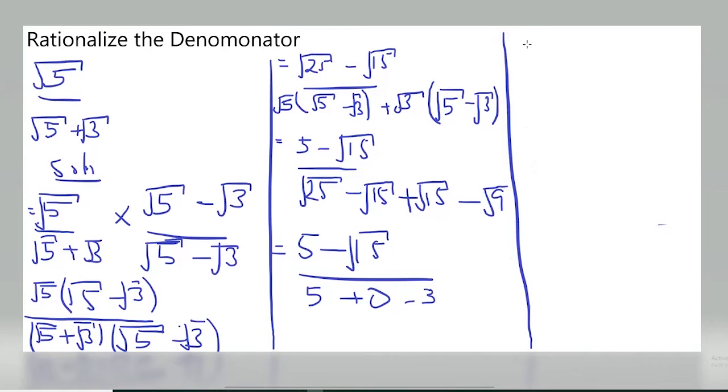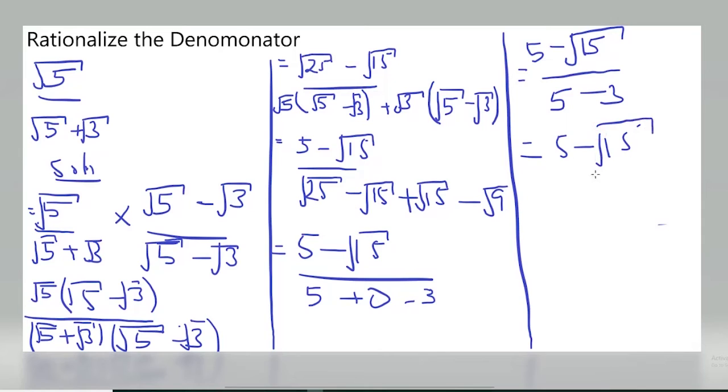Now finally I will have 5 minus root 15 over 5 minus 3. Therefore this one is equal to 5 minus root 15 over 2. This is the final answer of the expression given to rationalize the denominator.